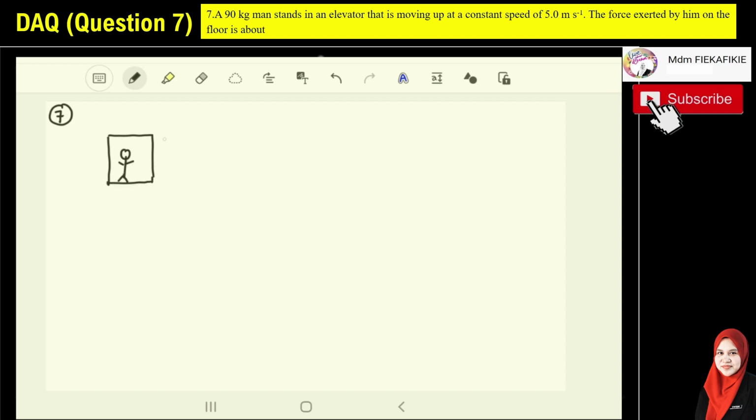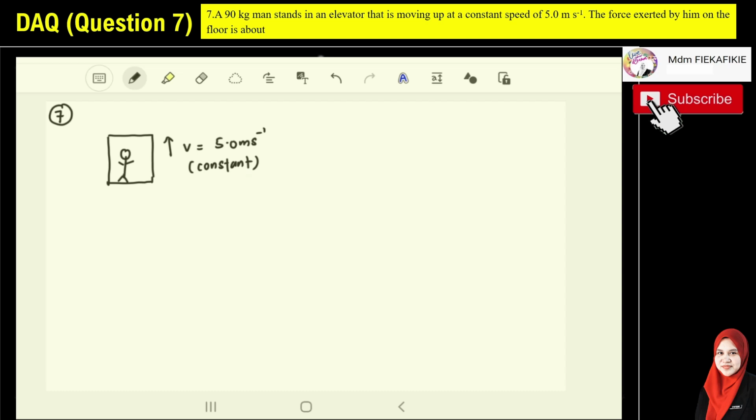This elevator is moving upward, and v is 5.0 meter per second, and it's constant. So remember, constant speed means that the acceleration is equal to 0.